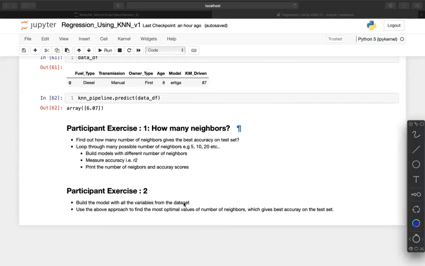Use the above approach to find the most optimal value of the number of neighbors, and probably also the weights, whether uniform or distance, which gives the best accuracy on the test set. This will be a good exercise for you to get a little more hold and grip on this particular algorithm and how it can be used.